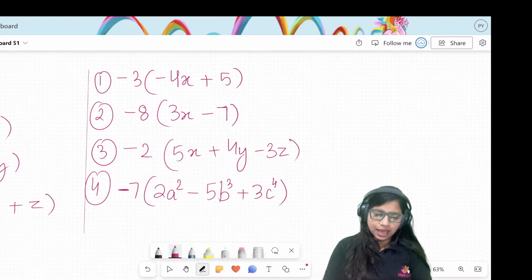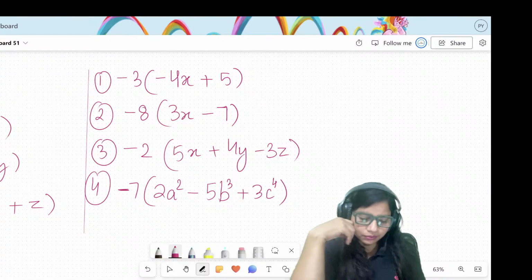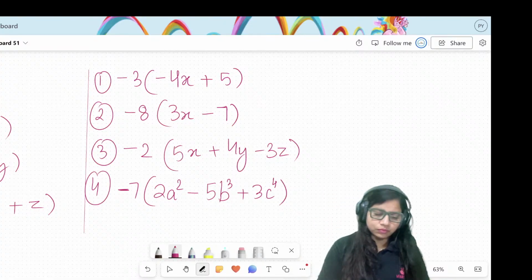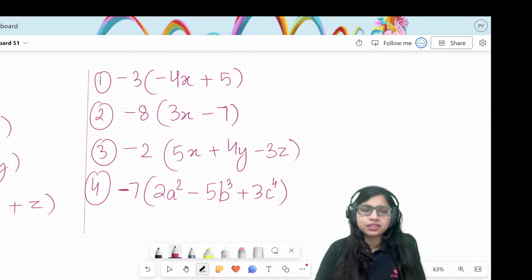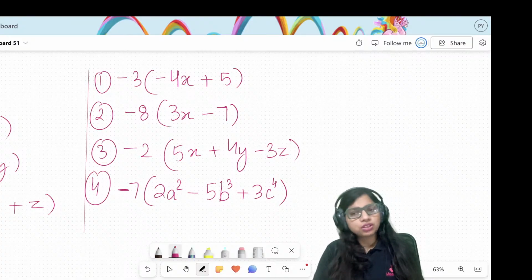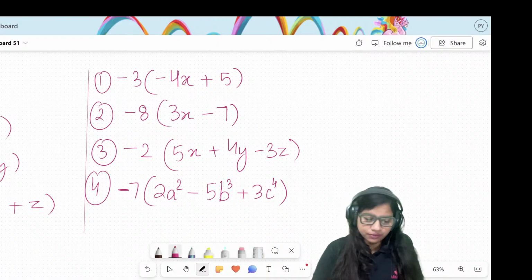Okay. I have it from Advika. Yeah, whenever we have a negative number outside, the inside symbols will change. What is positive will turn negative, and what's negative will turn positive.